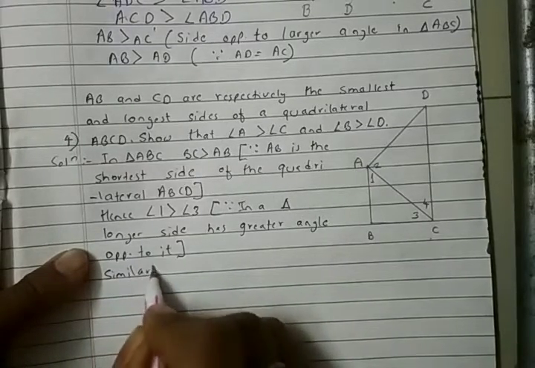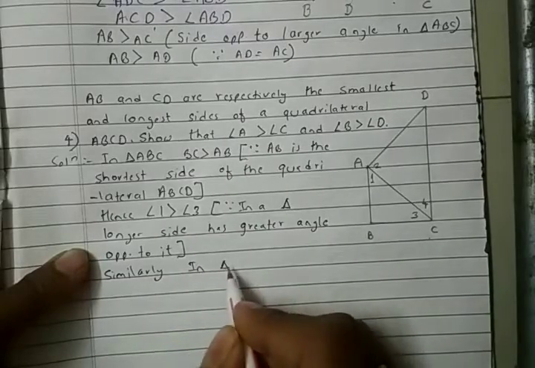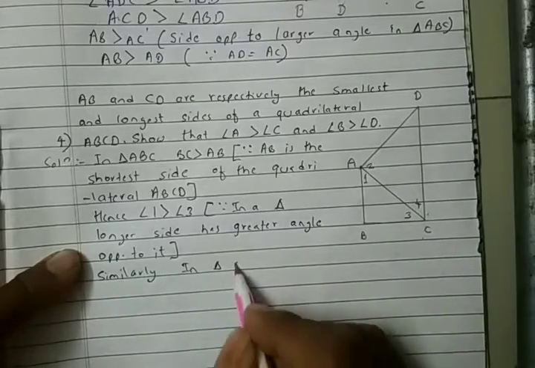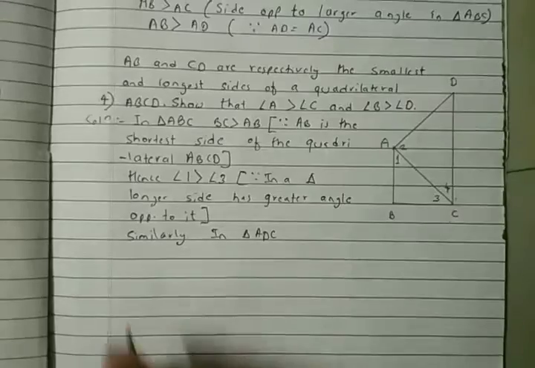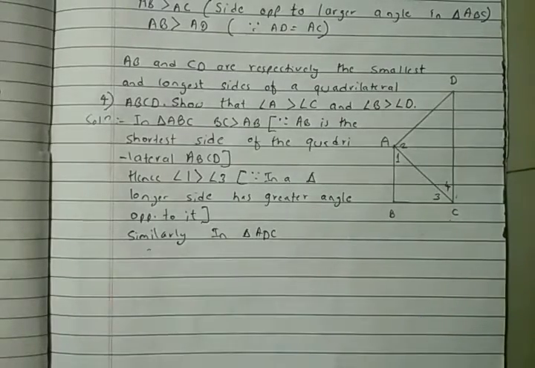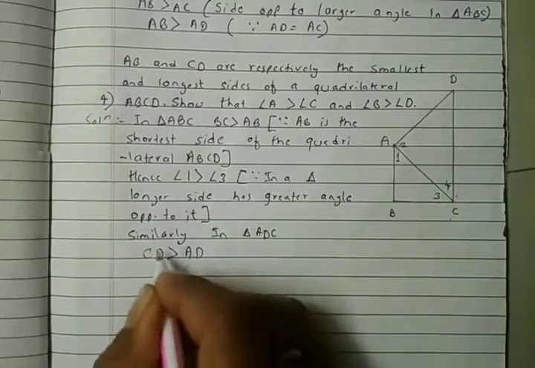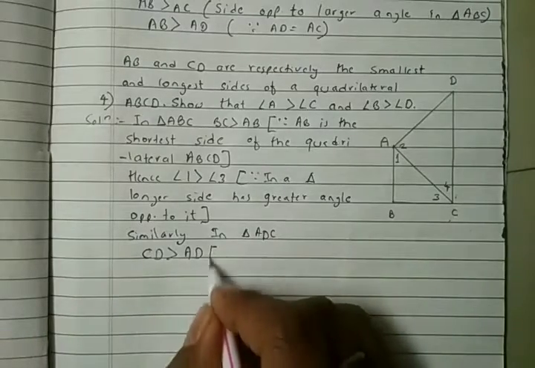Similarly, in triangle ADC, CD is greater than AD, right? How can we say this?